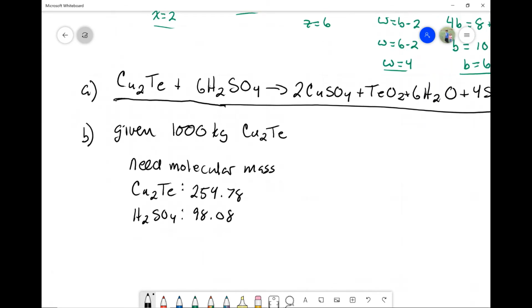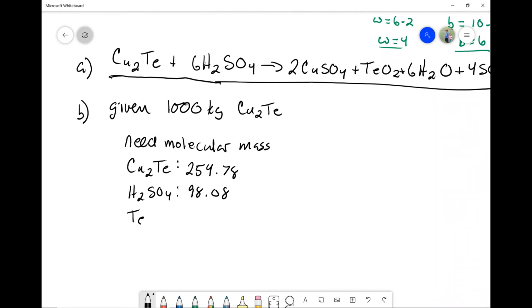And for tellurium dioxide, I believe it was like 156 and change or something, 159.6.